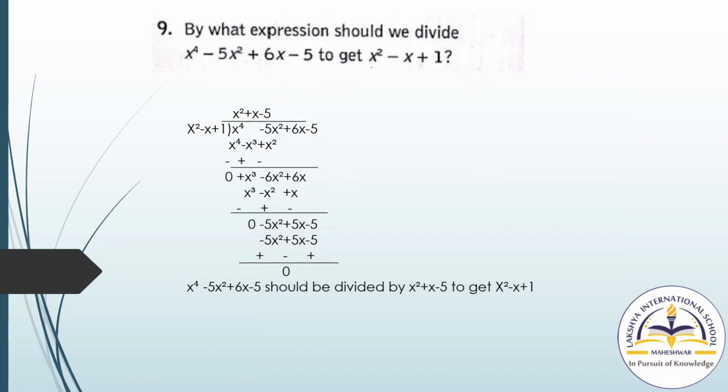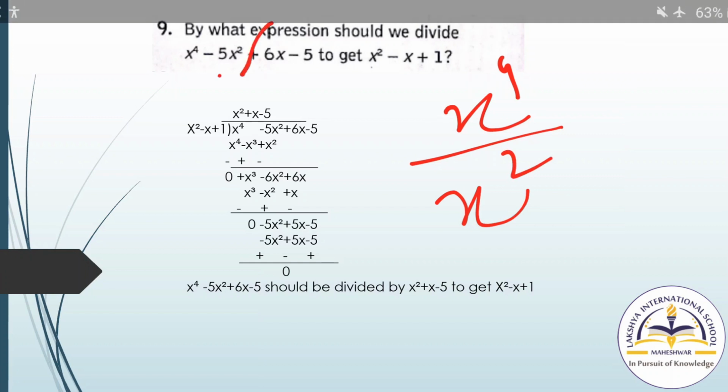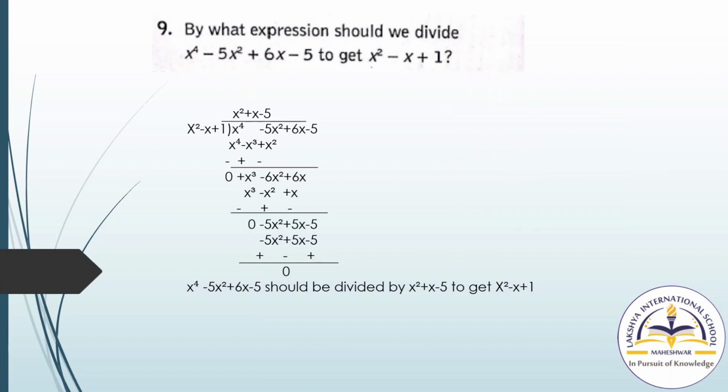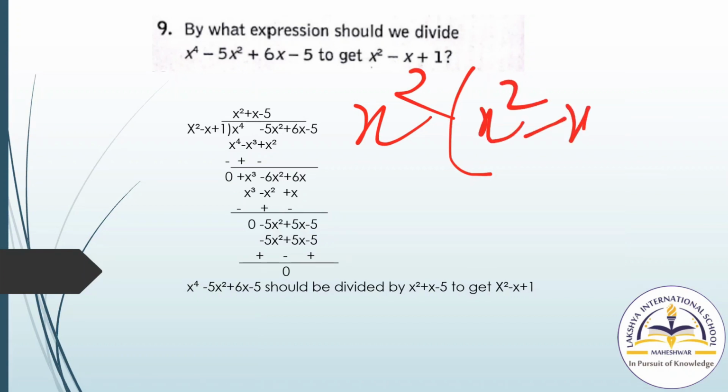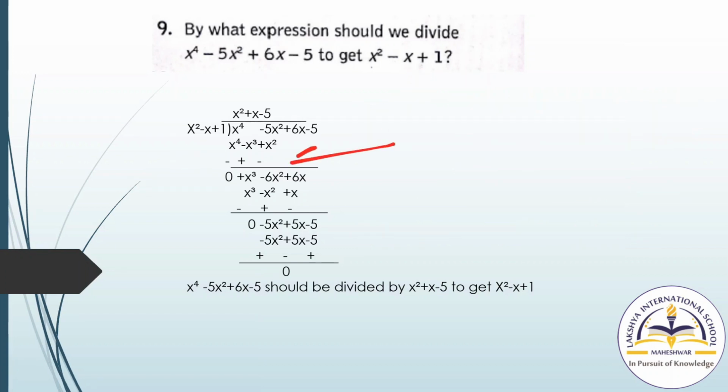When you divide, x to the power 4 by x square. So here we have written x square, then you have to multiply x square into x square minus x plus 1. You will get x to the power 4 minus x cube plus x square. Then you have to interchange the sign, then this will be cancelled out, and then x cube minus 6x square plus 6x.